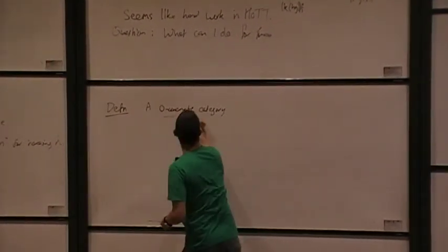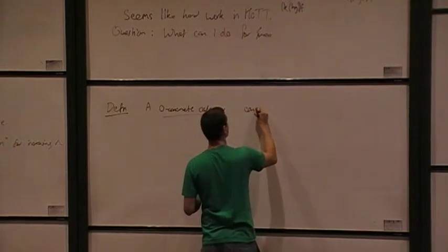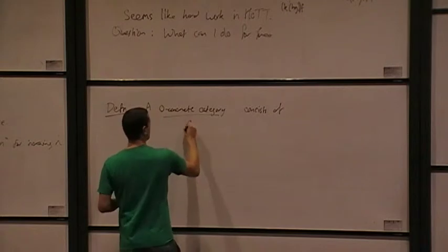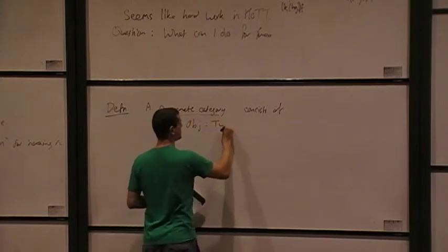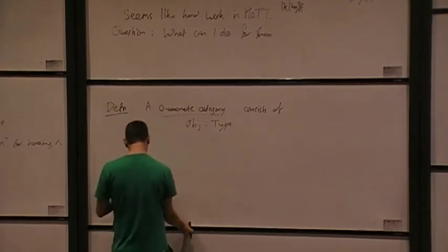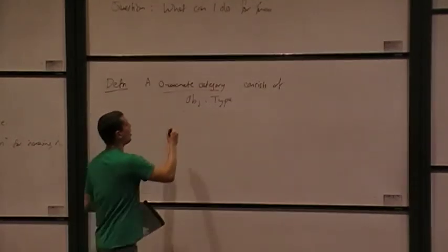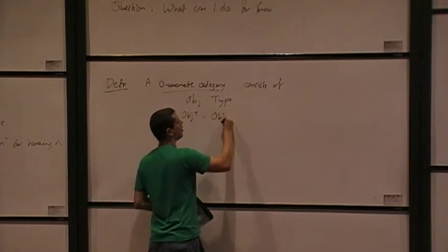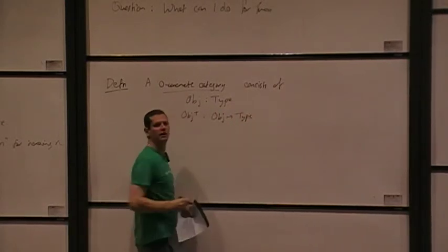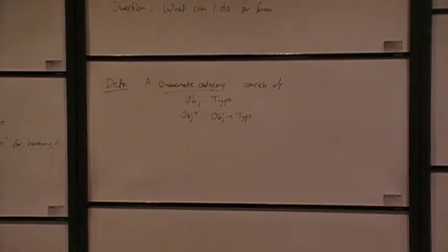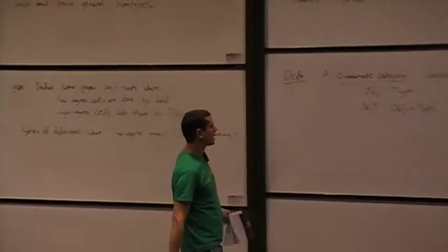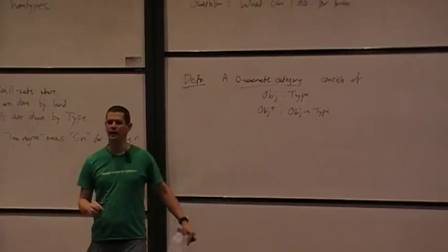So the zero concrete category consists of obj, which is a type, the type of objects. Obj plus, which is a map from obj to type, and this tells you which type is going to end up coming to the rescue of each object. This tells you exactly which types we're going to use to get the higher structure from.